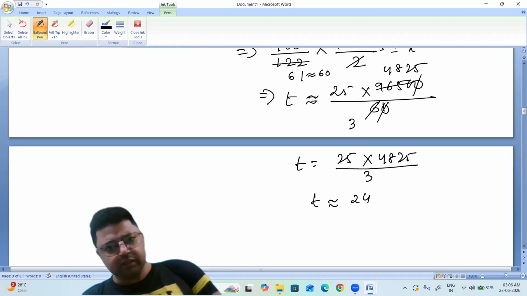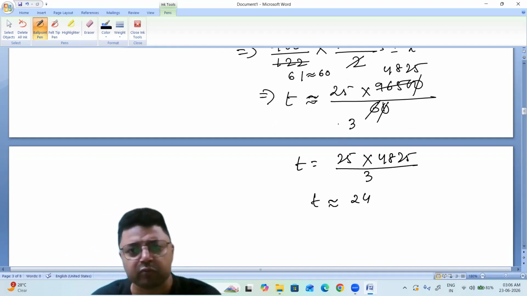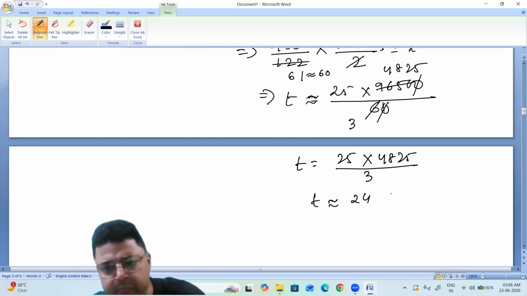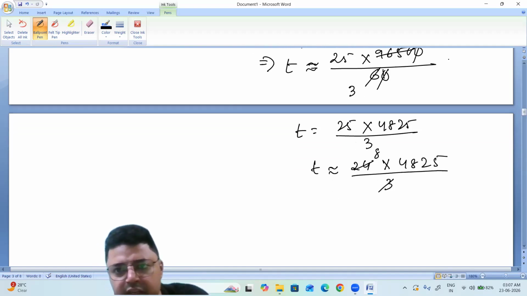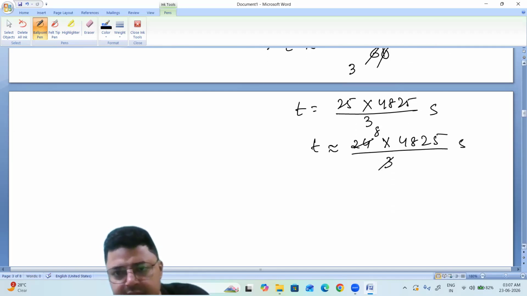We have reduced 1 from here and we are reducing 1 from here as well. So approximately 4825 divided by 3, and you will get here 8. 8 times 4825, and remember all are in seconds.